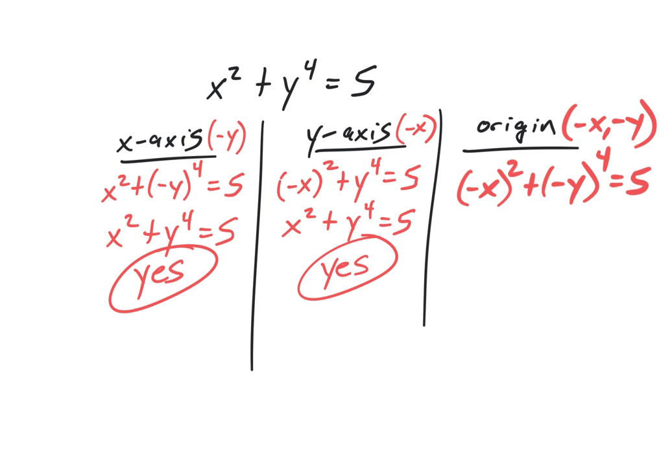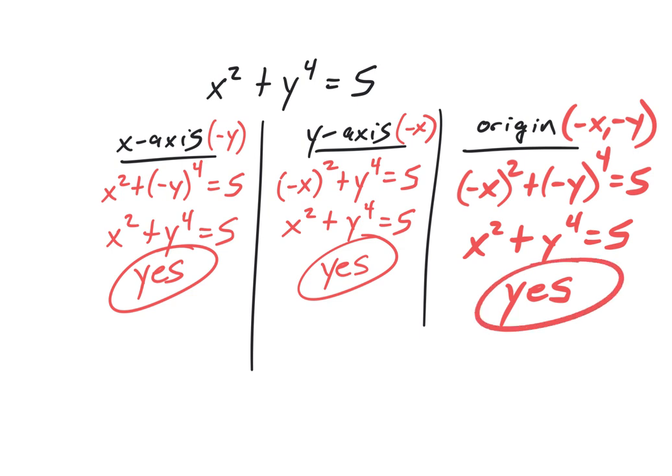And when I square the negative x, it makes a positive. When I take negative y to the fourth, it makes it positive. And so we would say yes for all 3. This graph is symmetrical to all 3 of those.